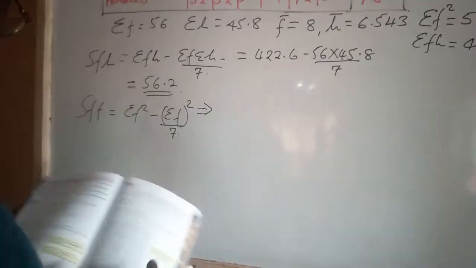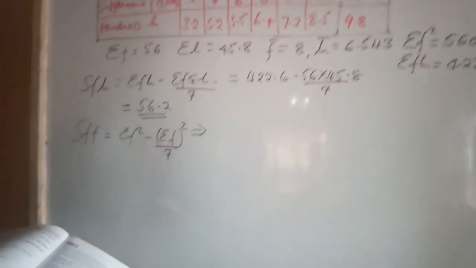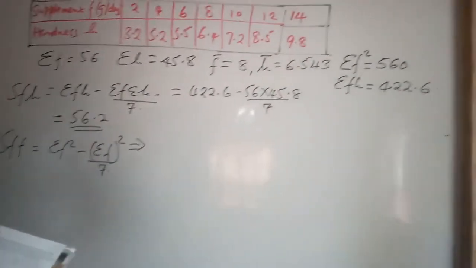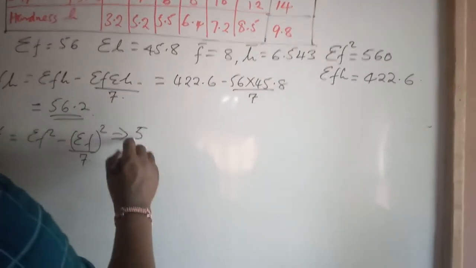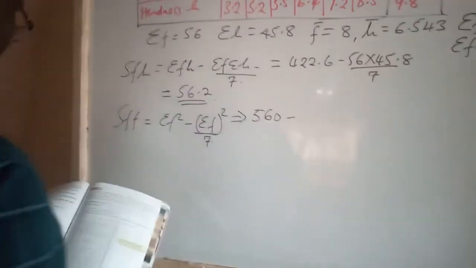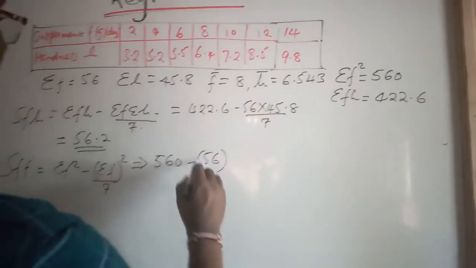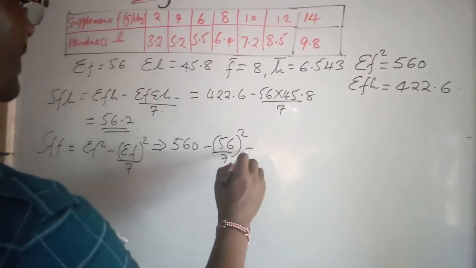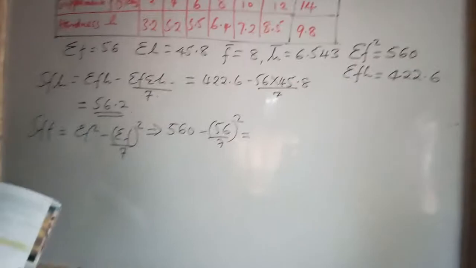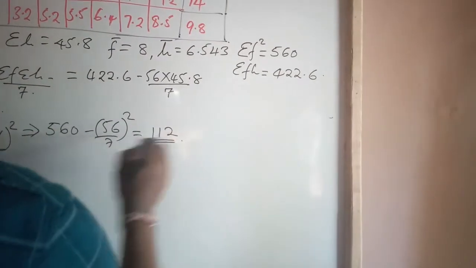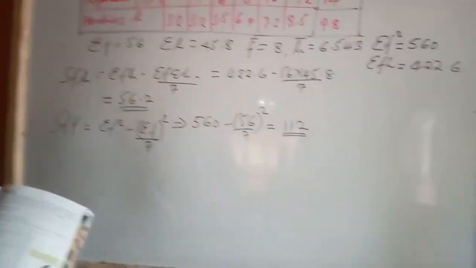So at this point, we just pick the values that we need. Sigma F squared is 560 minus sigma F, which is 56, squared over 7, and this gives us directly 112. You can confirm those figures.